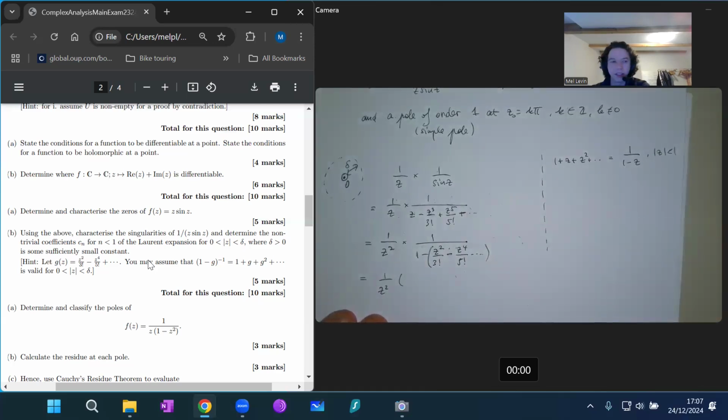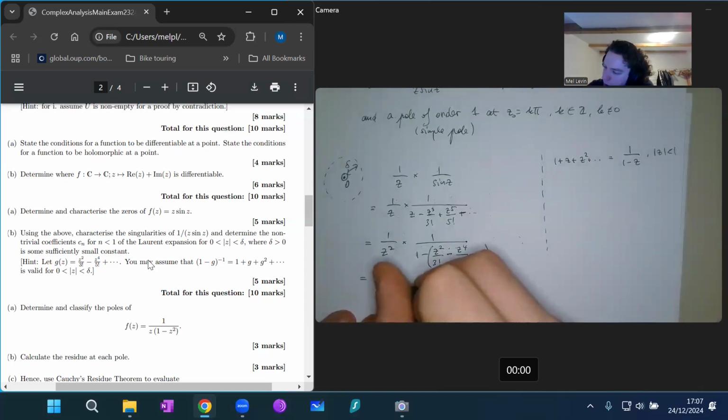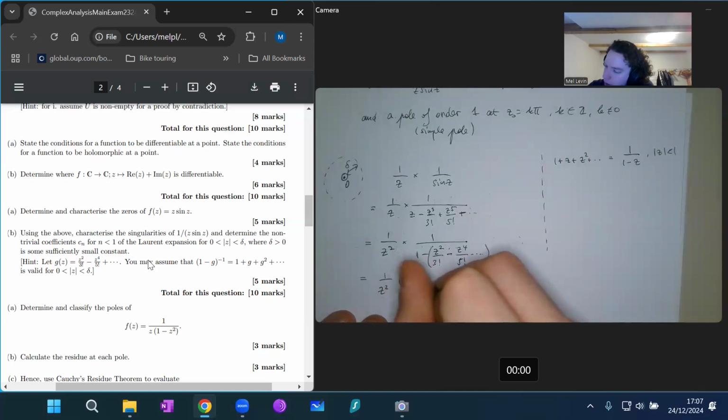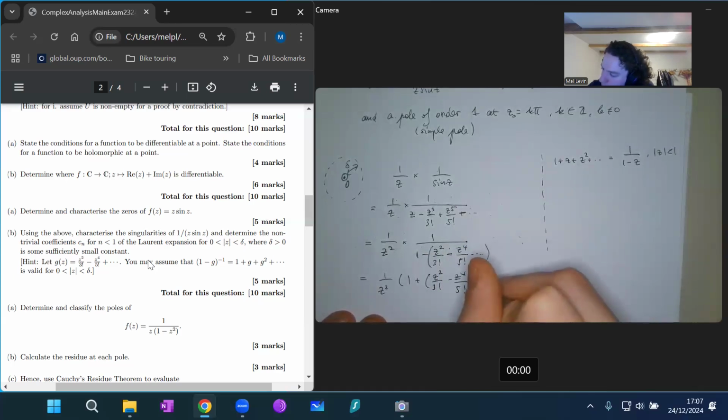Yeah, so that's their g of z. That's 1 plus z squared over 3 factorial minus z to the 4 over 5 factorial and so on.